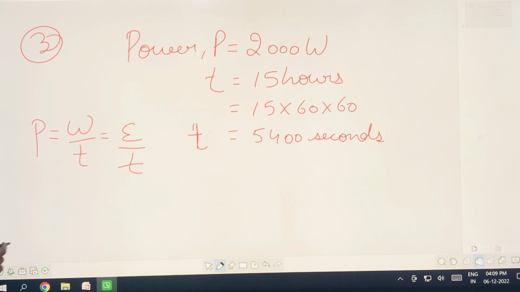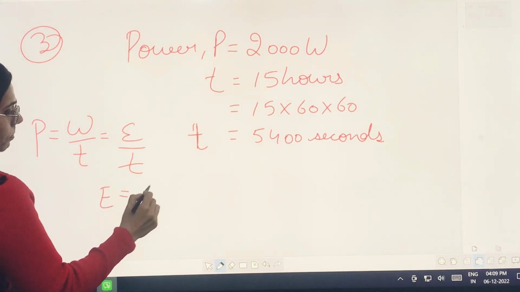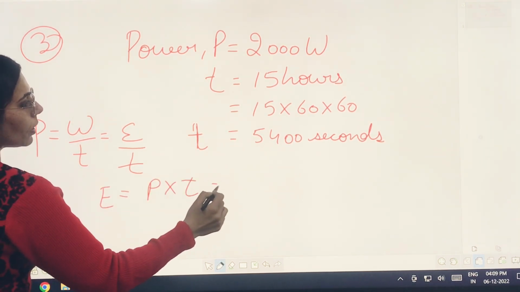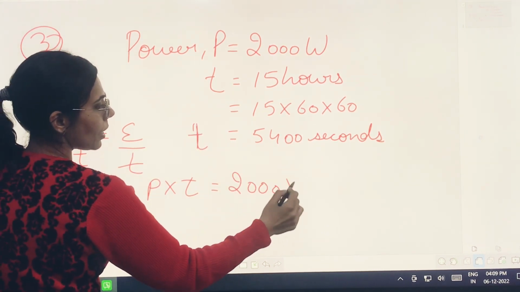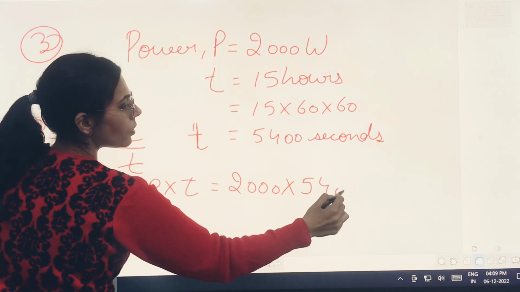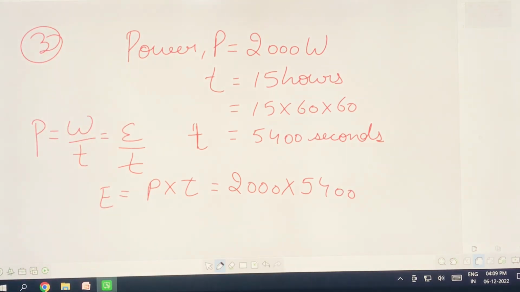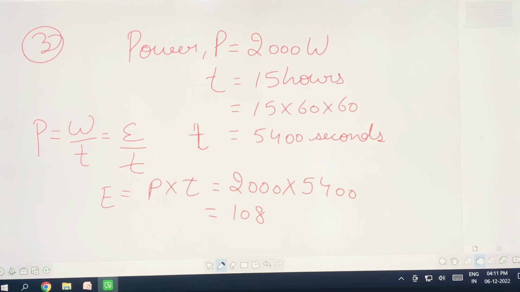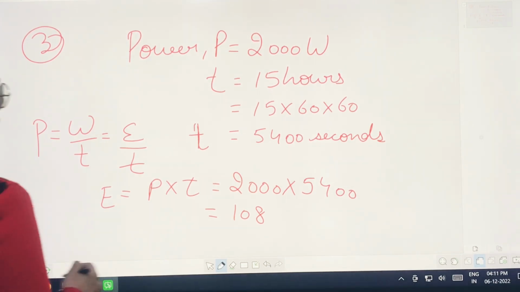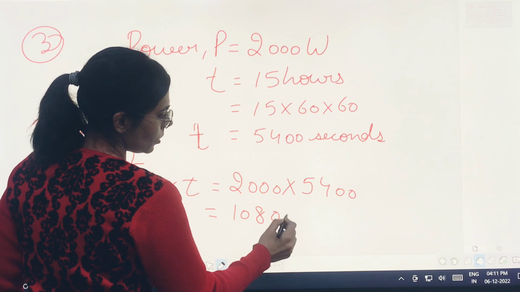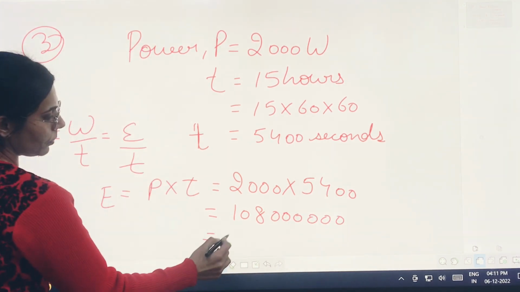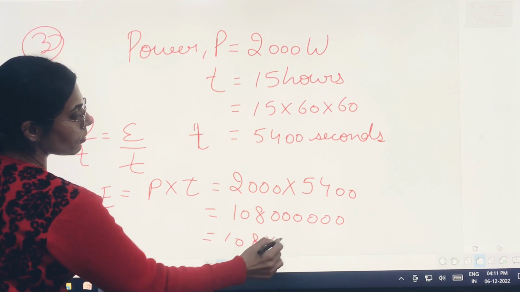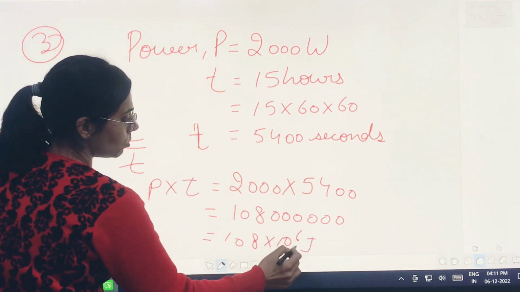So energy will be power into time. And what is the power given here? That is 2000. And time is 5400. Fine with it? And the value will come here 108,000,000, and it will be 108 into 10 raised to power 6 joules.